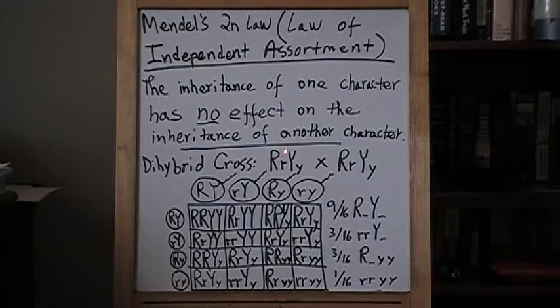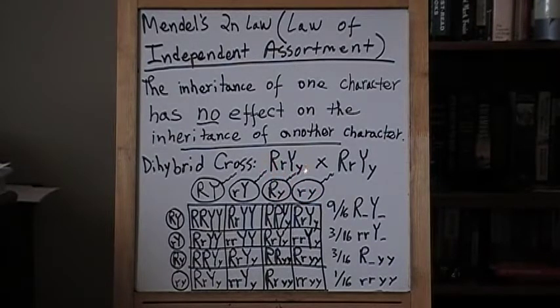But if you're heterozygous for 2 genes, now there are 4 possible gametes, and those are shown here. For the male parent in the pollen, you've got a sperm cell with big R, big Y, one with little r, big Y, a third with big R, little y, and a fourth with little r, little y.